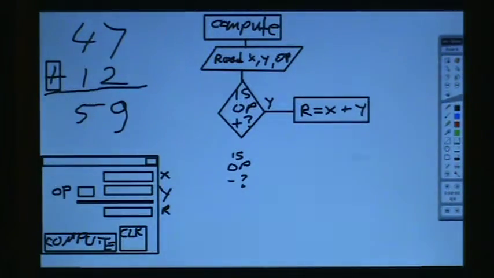Okay. If the answer is yes, then we say that we have to do the subtraction, right? r is equal to x minus y.